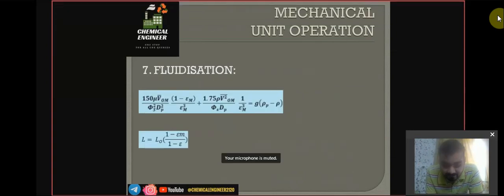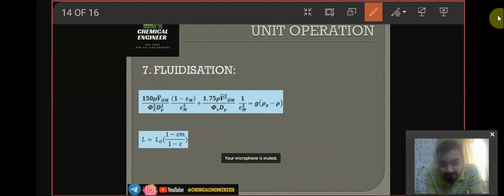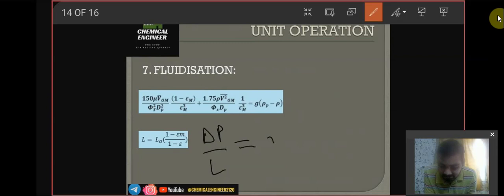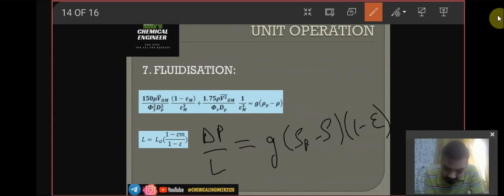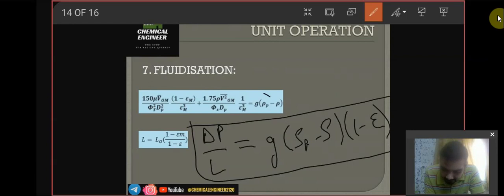Next we have fluidization. In fluidization we have the Ergun equation, which is a direct equation showing a relation for delta P by L. So delta P by L equal to G into rho P minus rho into 1 minus epsilon. This is a general equation. Now this side is delta P by L, so 1 minus epsilon is cancelled from both sides.